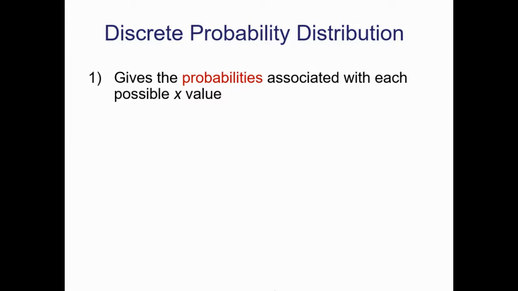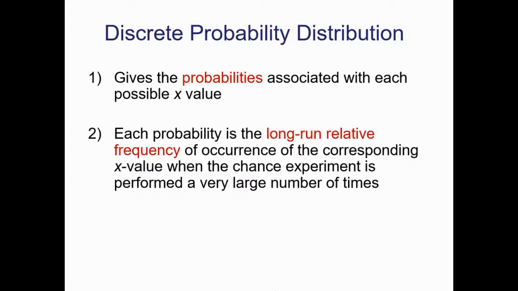So let's talk about discrete probability distributions in general. They give the probabilities associated with each possible value of x. And each probability is the long run relative frequency of occurrence. So we're not doing this over like 10 trials, asking 10 people, okay, this is the probability.